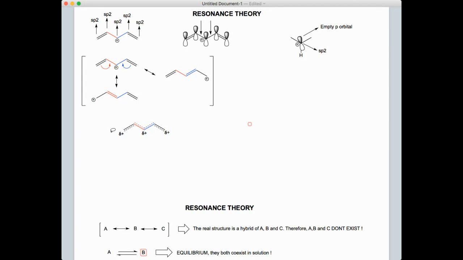So guys, this carbocation, which is electron deficient, has 6 electrons in the valence shell. Carbocations are highly unstable. Obviously, they have 6 electrons in the valence shell, so highly unstable.